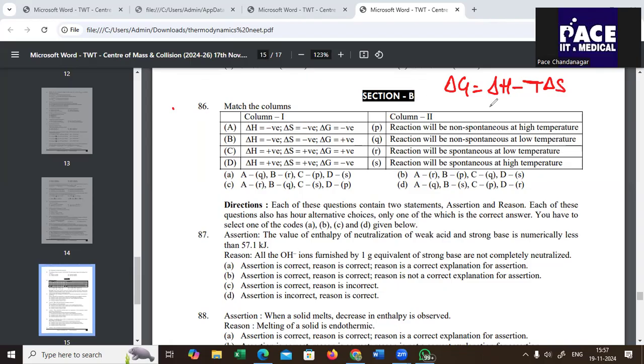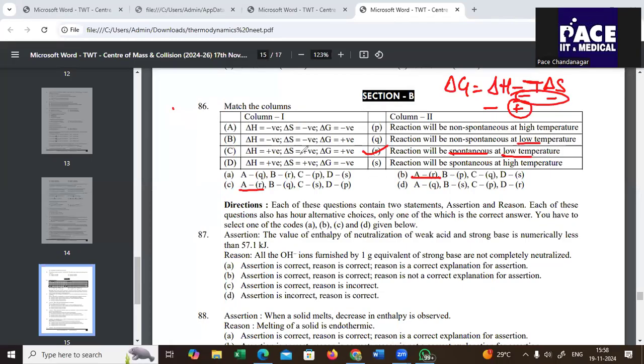Delta H is negative, delta S is negative, and negative of negative will be positive. So this will be dependent on temperature, definitely. If the temperature is low, the second term should have a low value, so at low temperature the reaction will be spontaneous. So A goes with R.